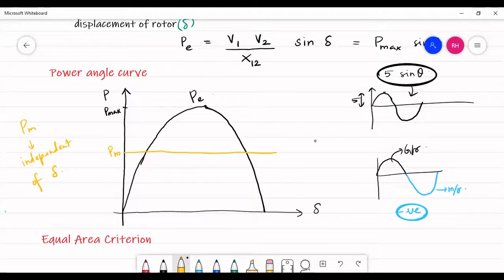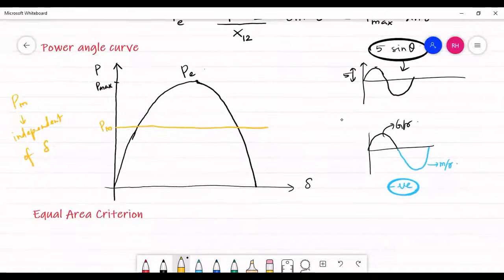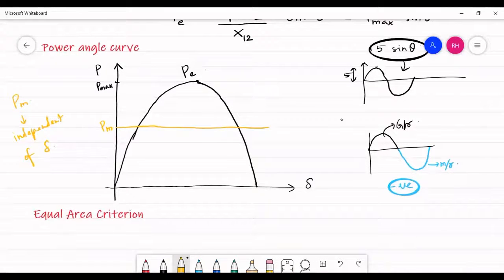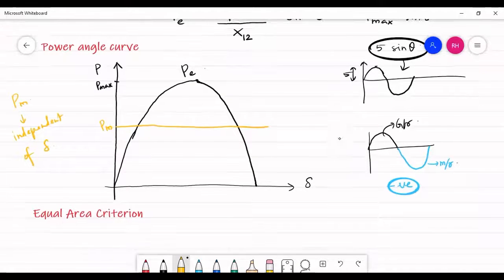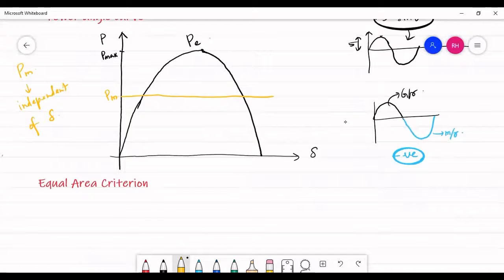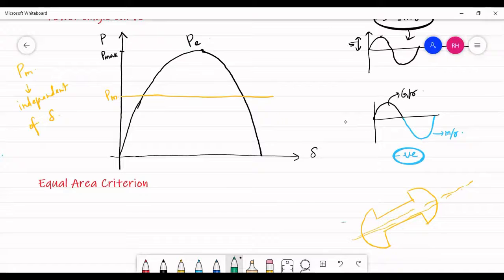We might also have a question in our mind. We have a synchronous machine, so let me consider a salient pole rotor. This rotor is going to make a definite angle with respect to the stator's magnetic field.